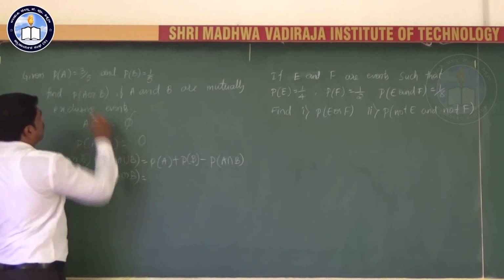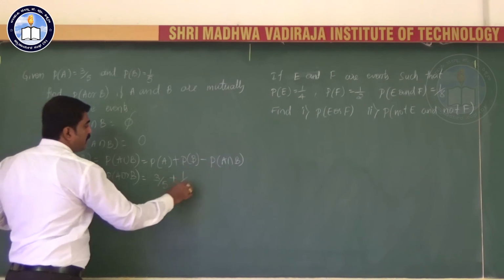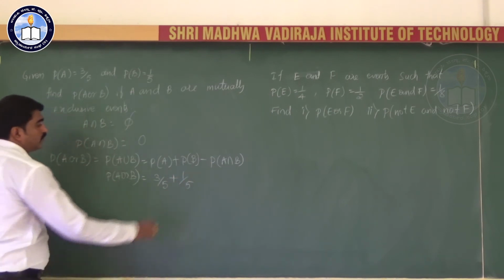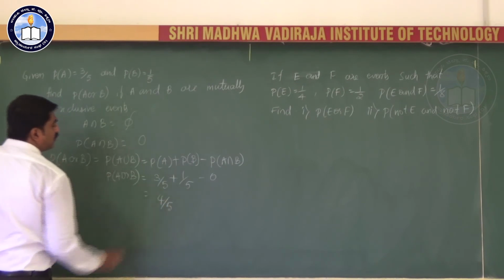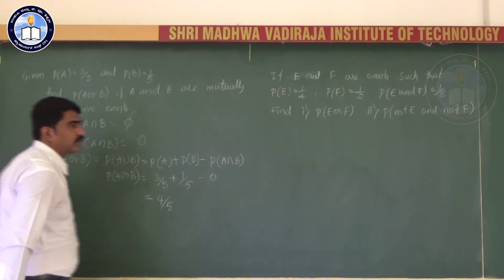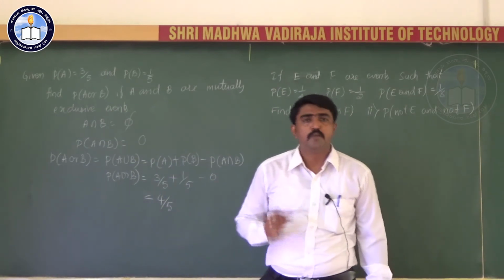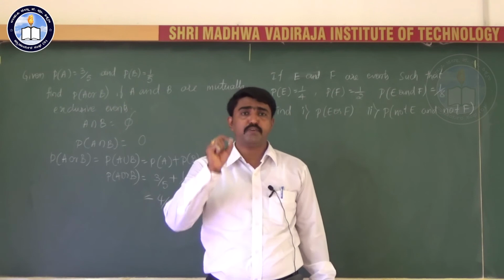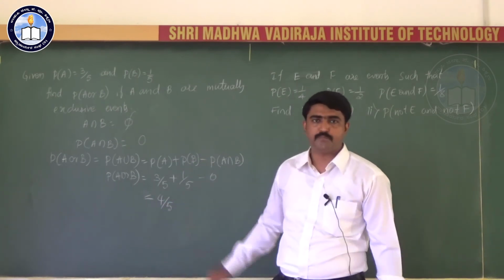P of A is 3 by 5 plus probability of B is 1 by 5. Then take LCM, so we get 4 by 5. So when A and B are mutually exclusive events, the probability of A or B is always equal to P of A plus P of B.